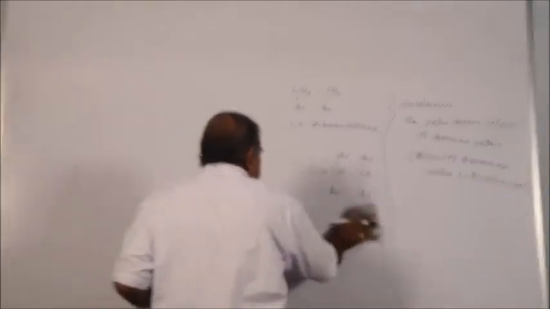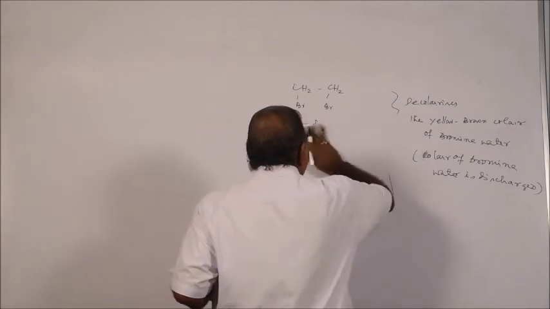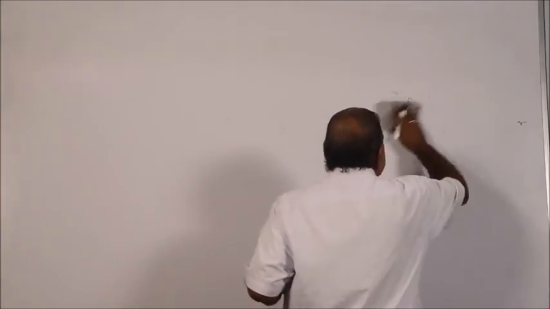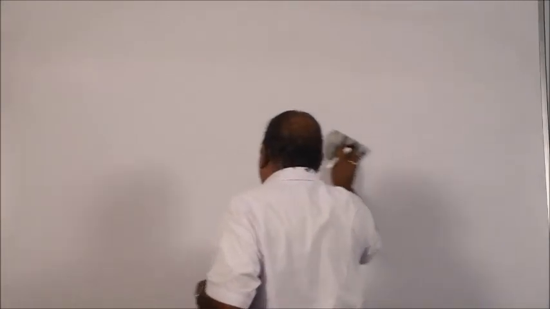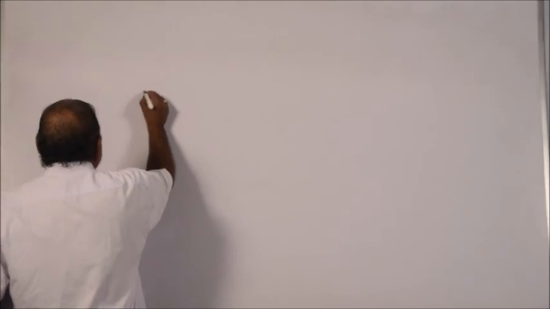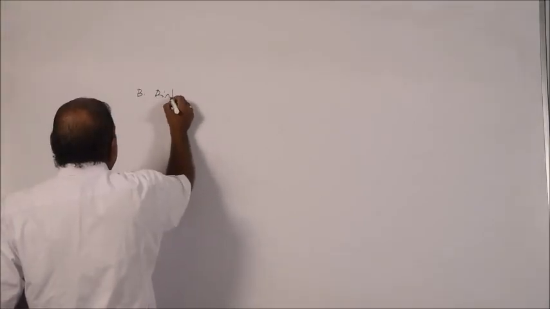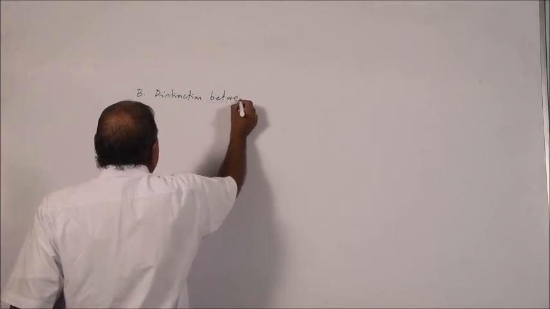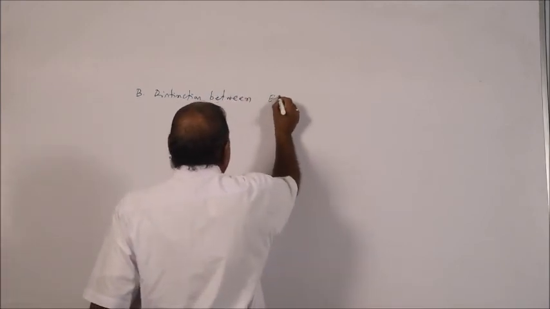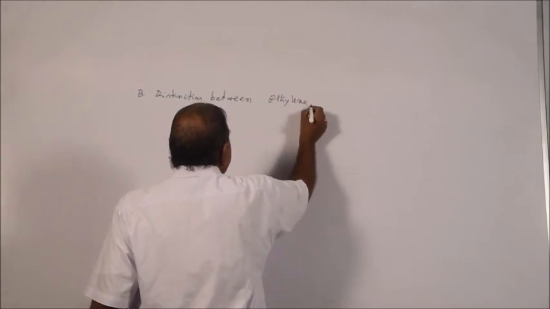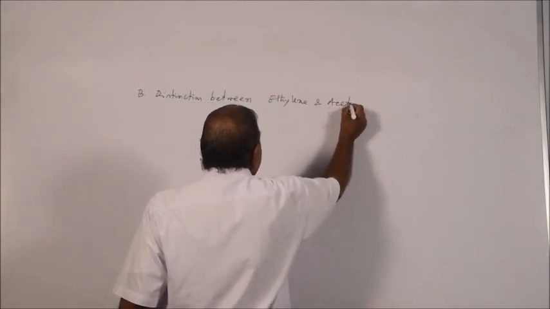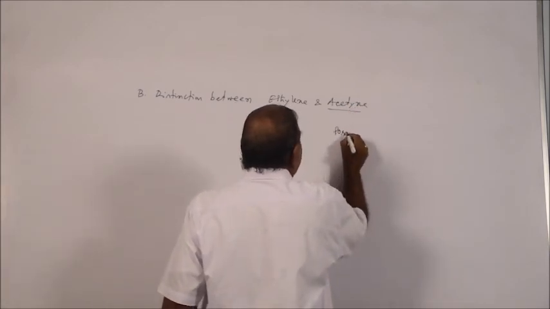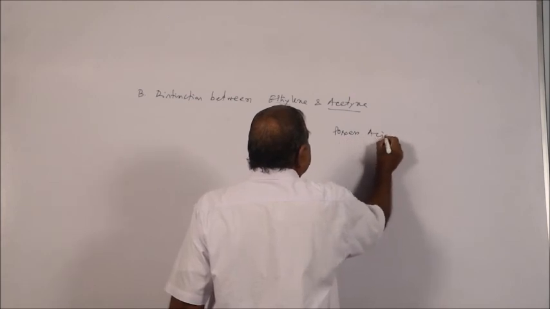Now the question is how to distinguish between alkene and alkyne, because you cannot apply this easy method of bromine water, since both of them will decolorize it. So distinction between ethylene, one of the examples of alkene, and acetylene, alkyne. Now acetylene possesses acidic hydrogen atom.